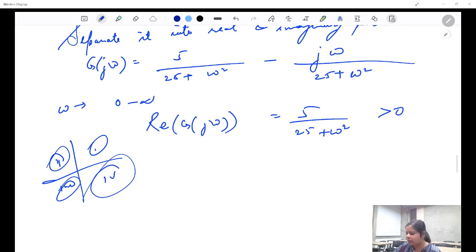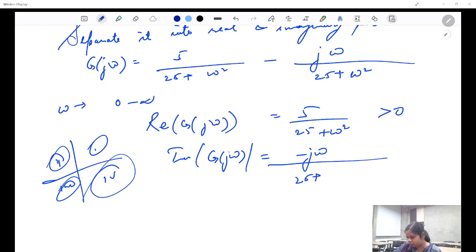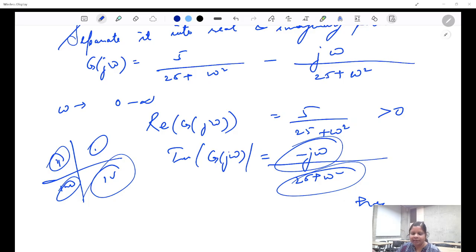Now let's look at the imaginary part. It's minus j omega upon 25 plus omega square. Omega is always positive, so the minus sign tells that it is always going to be negative. So it's going to lie where? In the fourth quadrant.